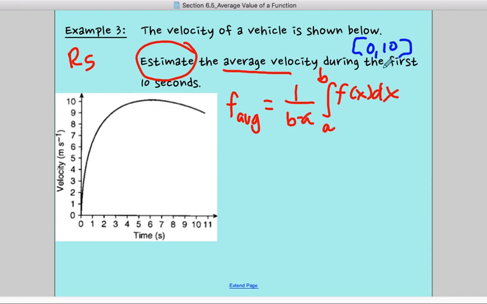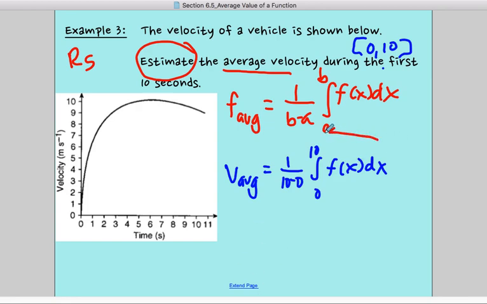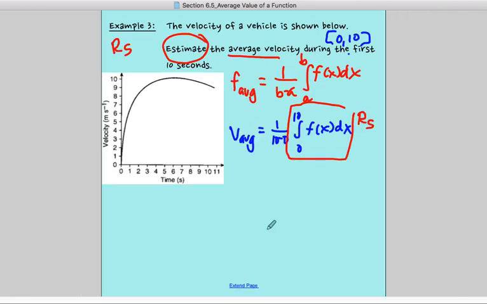So my average velocity, v average, will be 1 over 10 minus 0, times the integral from 0 to 10 of f of x dx. Since it's an estimate, I'm going to use my Riemann sums with 5 subintervals. So we have to remind ourselves how to find r sub 5, and then we'll take our final answer times 1/10.